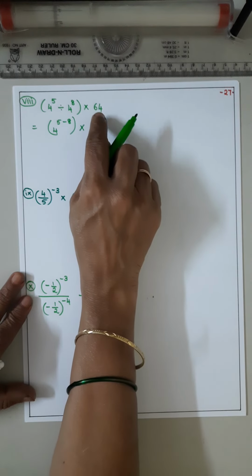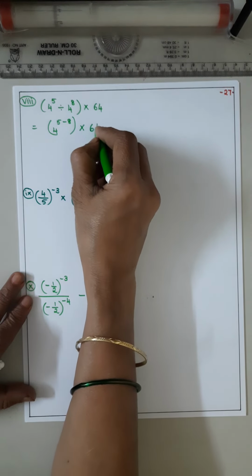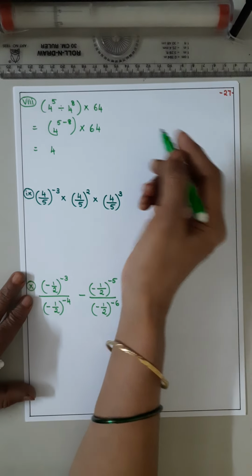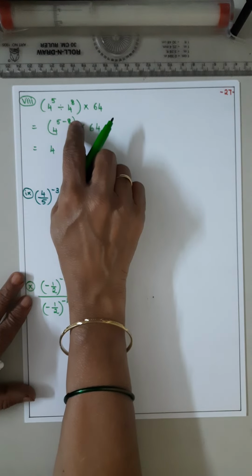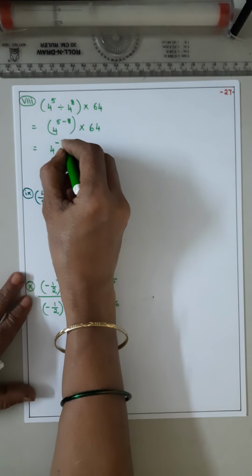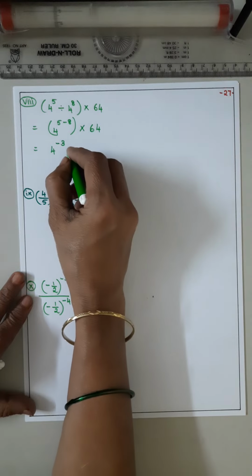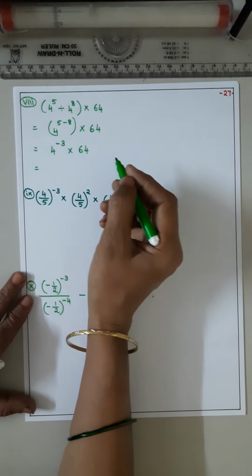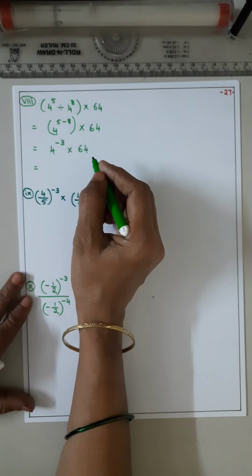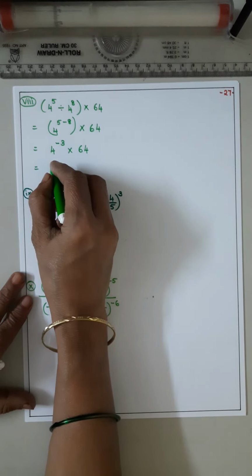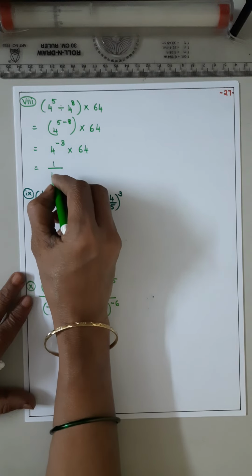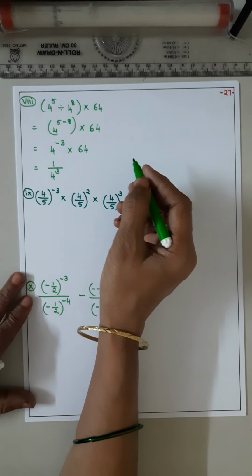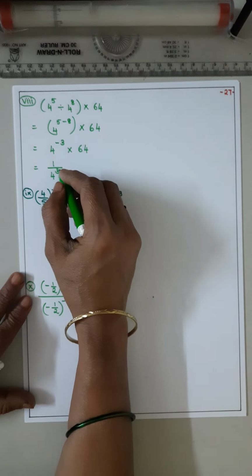Into अभी 64. ओके, ये बनेगा 4 to the power 5 minus 8 becomes -3 है ना, into 64. Now 4 to the power -3 means what? 1/4 the power 3. नेगेटिव पावर मतलब रेसिप्रोकल 1/4 the power 3.